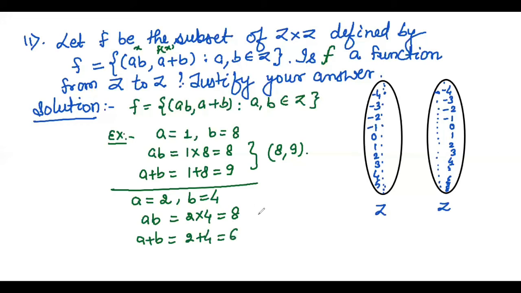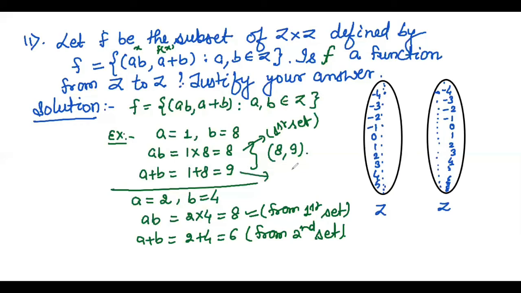AB is from the first set Z, and A plus B is from the second set Z. From the first set, this is the domain value according to the question, and this is from the second set. Both are integers. Here also the same: this is from the first set and this is from the second set.